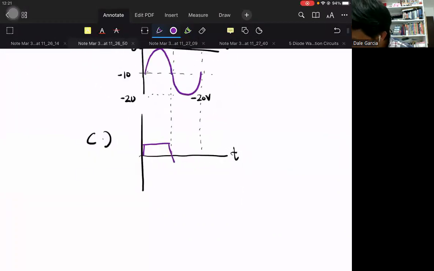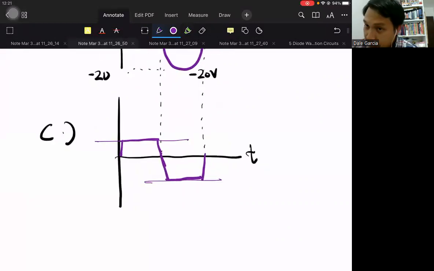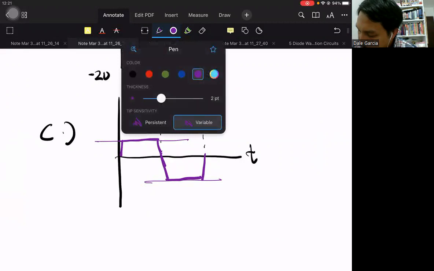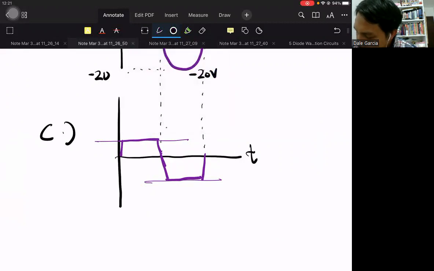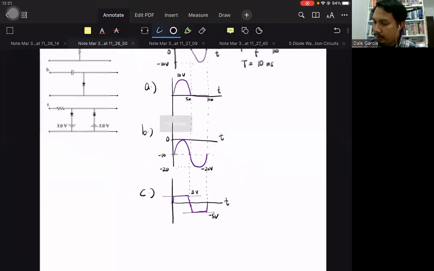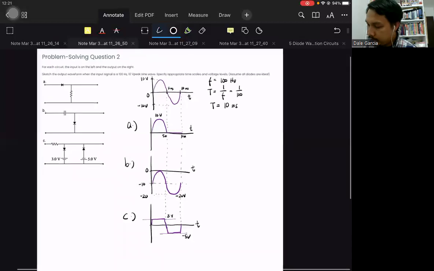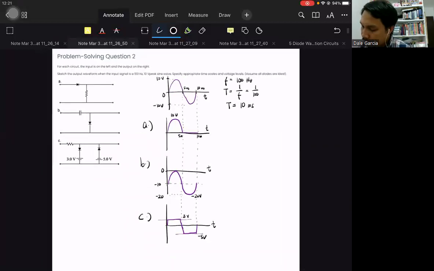It is clipped away. And instead of 10 volts, 10 volts, it is now 3 volts, 5 volts, or negative 5 volts rather. Final answer. So that's how simple it is.